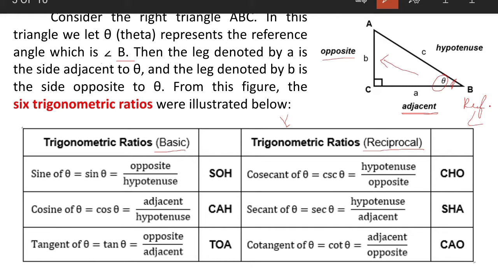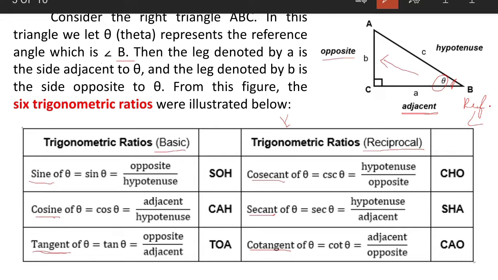By the way, the basics are sine, cosine, and then tangent. And the reciprocal of sine is cosecant. The reciprocal of cosine is secant, and the reciprocal of tangent is cotangent.